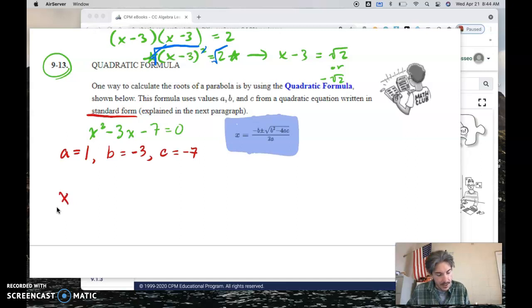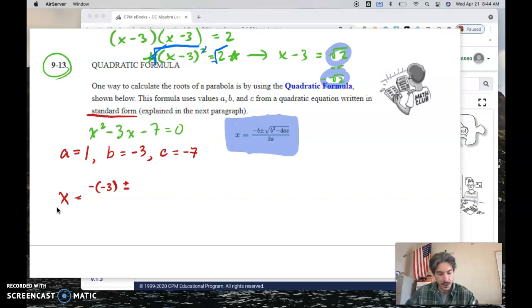Okay? X is equal to -b. Now, b is already negative, so it's going to be a negative, and I know it looks silly to write it that way. We'll simplify it in a second. Okay, this is our plus or minus piece. This was what we investigated in the last problem. I could have a positive value or a negative value. There's my duality there.